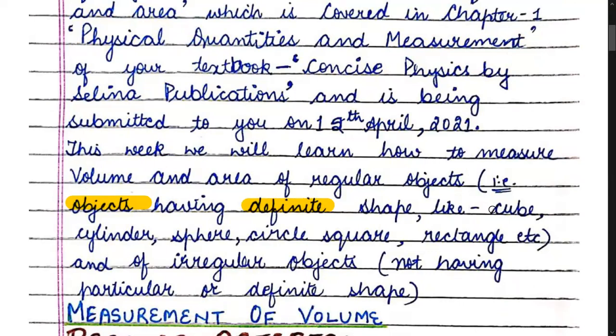For example, cube, cylinder, sphere, circle, square, rectangle, etc. So all such objects have a definite shape and hence they are referred to as regular objects.